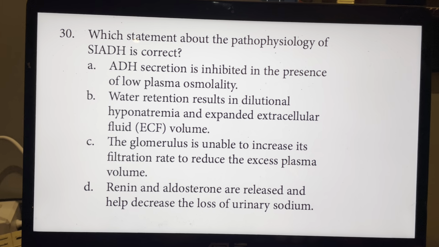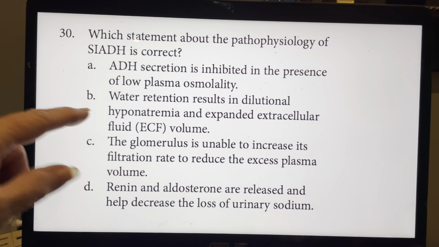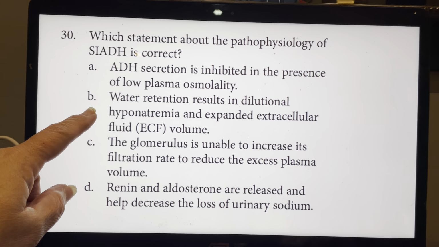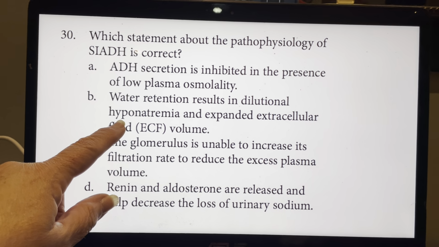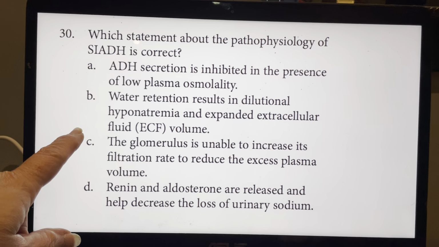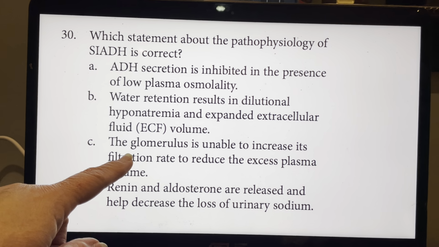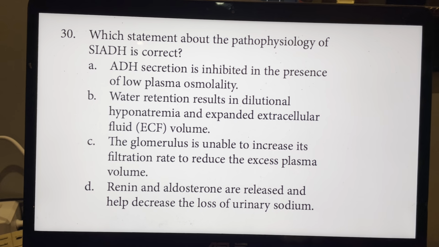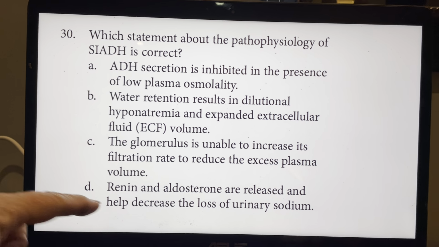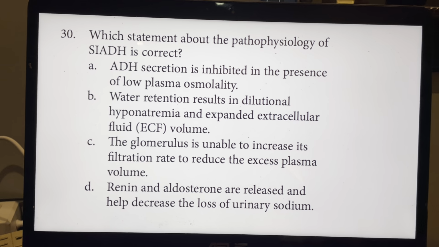Which statement about the pathophysiology of SIADH is correct? ADH secretion is inhibited in the presence of low plasma osmolality. Water retention results in dilutional hypernatremia and expanded extracellular volume. The glomerulus is unable to increase its filtration rate to reduce the excess plasma, or renin and aldosterone are released to help decrease the loss of urinary sodium.